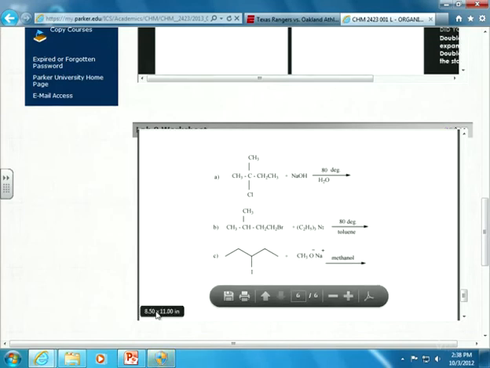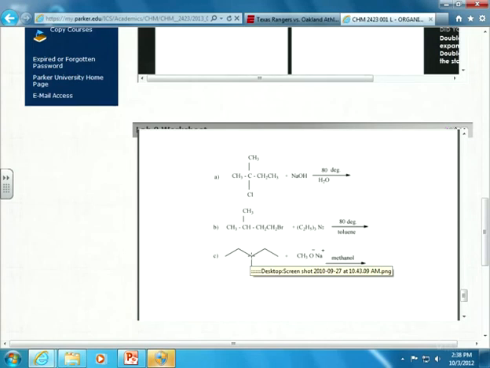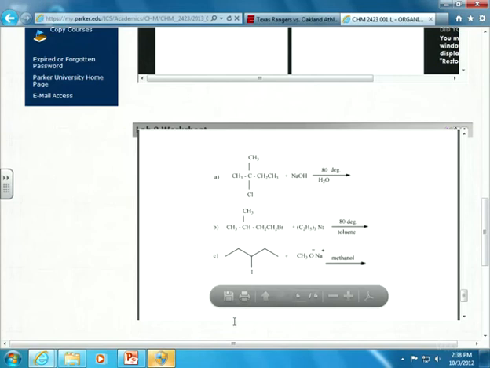Okay, what about this one? What type of carbon do I have? Secondary. And then what is it reacting with? Not iodine. Iodine's already on there. That's a leaving group. If iodine was reacting with it, it would be listed over here somewhere, like I minus.